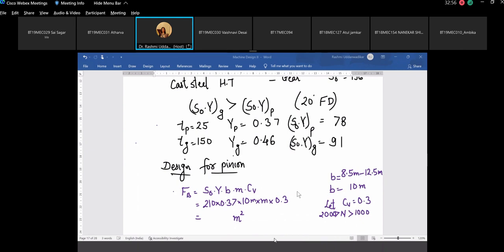Yes, this is the value. You are right, Ambika. 233 m square. This is the value for F_t, F_B.